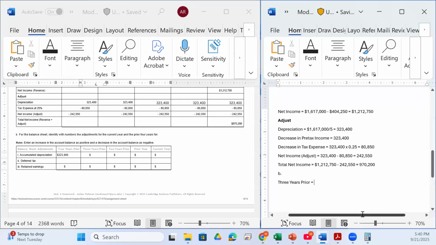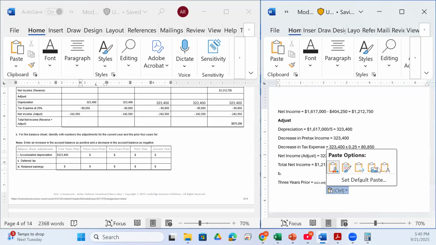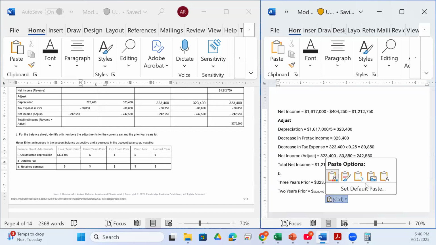The depreciation. So basically what that means, this times 2. And then 2 years prior, it will be this amount times 3.